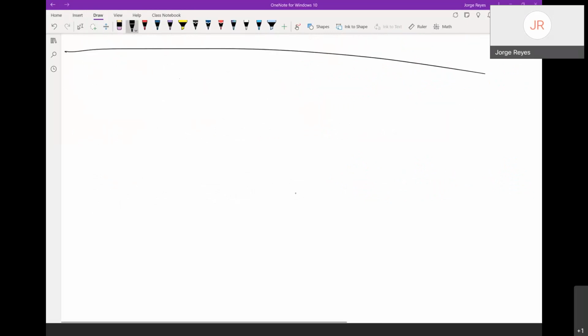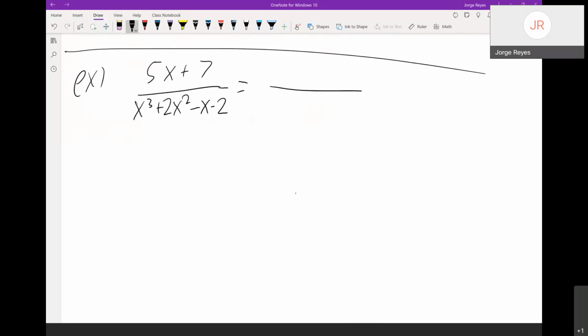We have this rational expression, with denominator x cubed plus 2x squared minus x minus 2. Remember, step 1, no matter what case you're in, is to always factor the bottom. Hopefully you remember that this requires factoring by grouping.